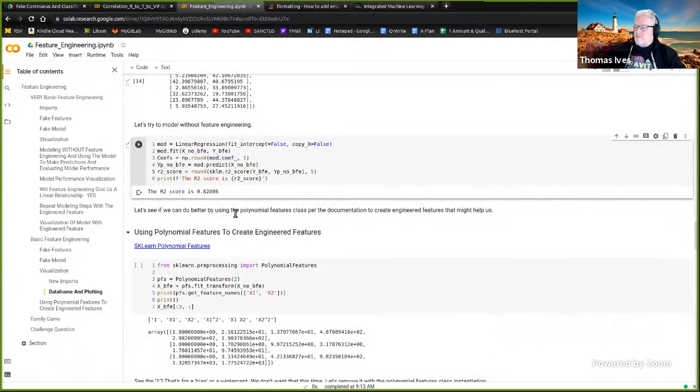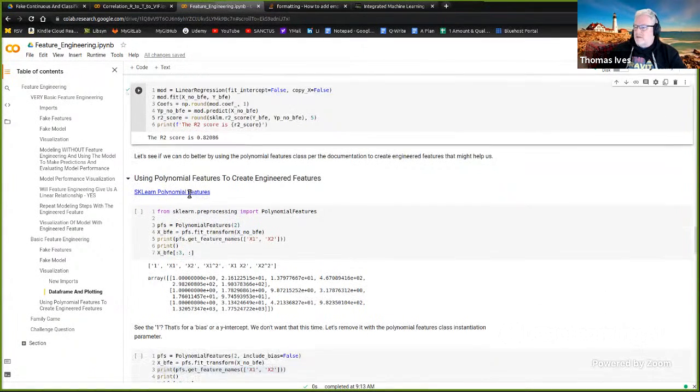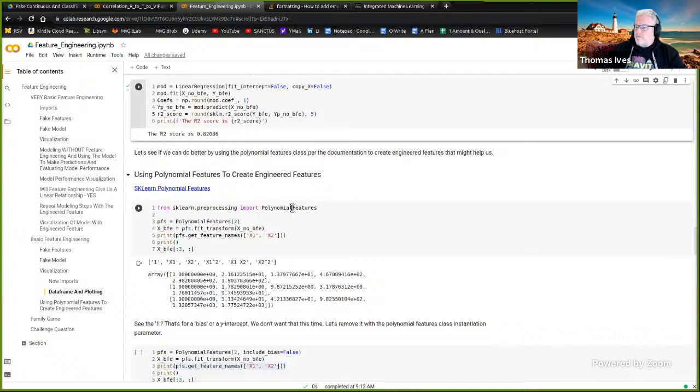Well, let's see if we can do better by using polynomial features. Now, polynomial features are awesome, but they're only throwing out powers of your features and interactive powers too. Well, what do I mean? Well, let's import polynomial features.